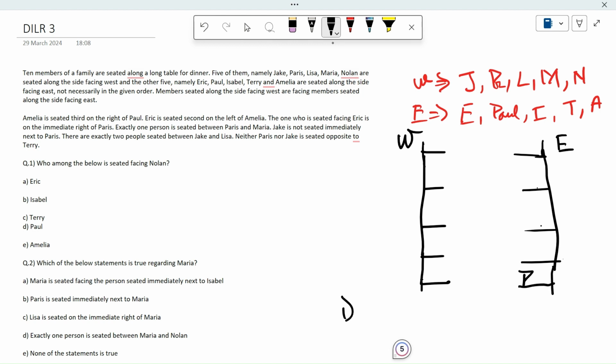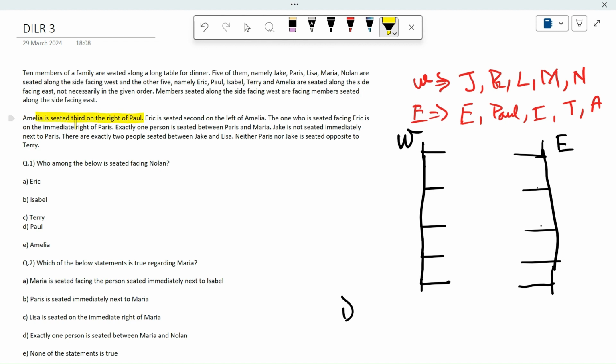So Paul can take this position or this position, because Amelia can be here or here. I am just rubbing it out, and you should know what the question's points are. Third to the right of Paul. I am just highlighting it.